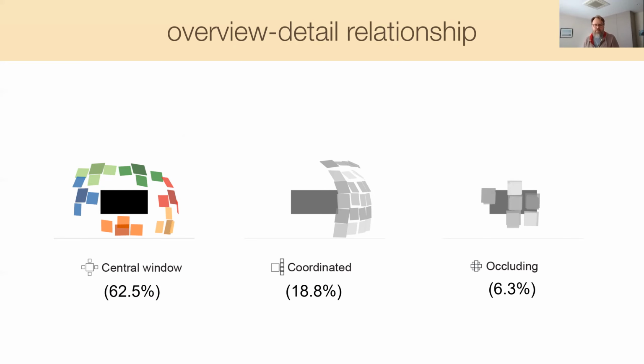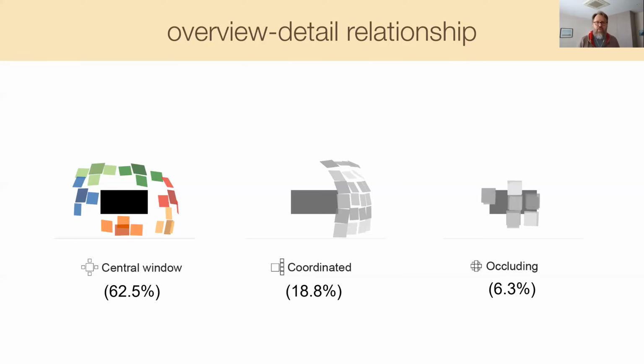And some people created an occluding layout. I'm not sure what the strategy is there, but some people put windows in front of one another. Maybe they're organizing them in stacks, which is actually interesting. But the majority of participants followed the first pattern and created a central window.